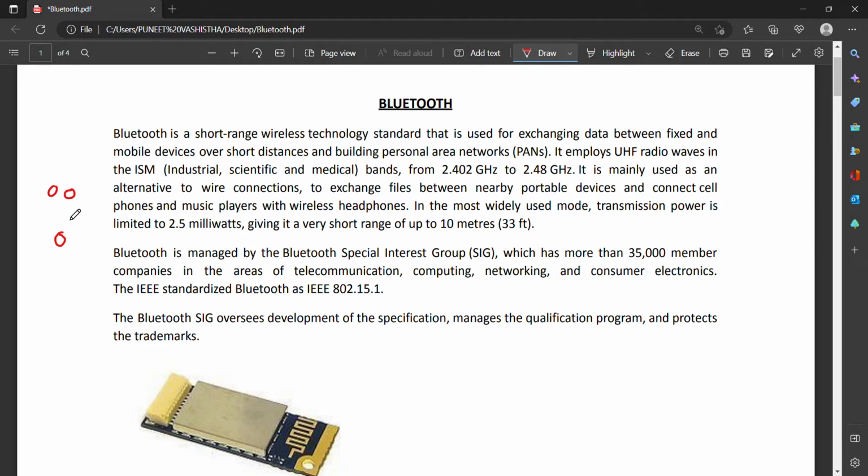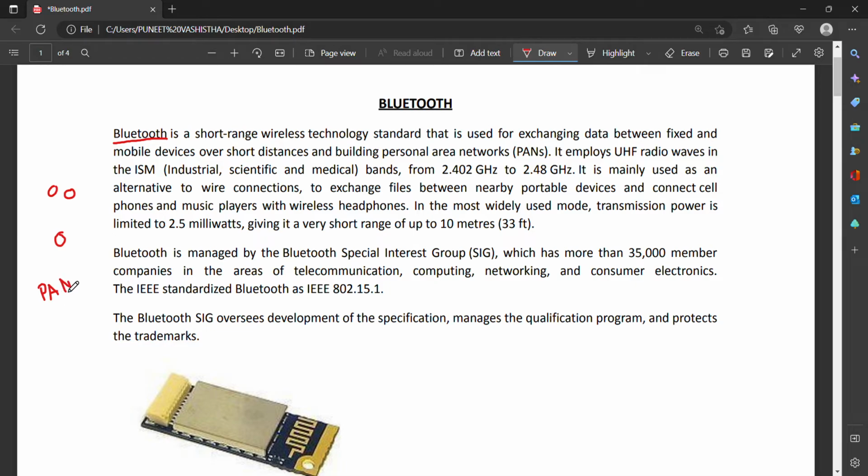For that, Bluetooth is used in this kind of network. So it can act as a PAN, that is the personal area network. So a PAN can be made with the help of Bluetooth, right?